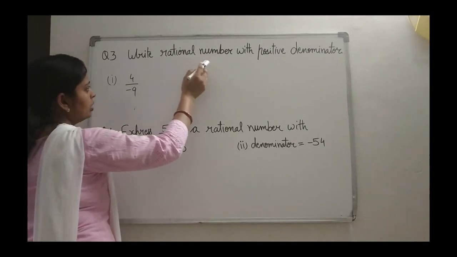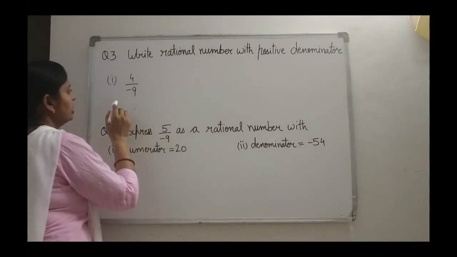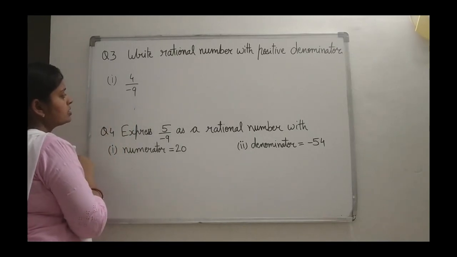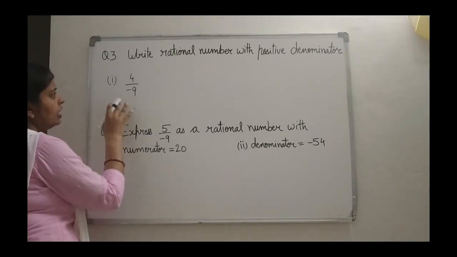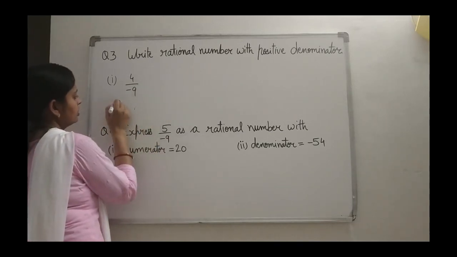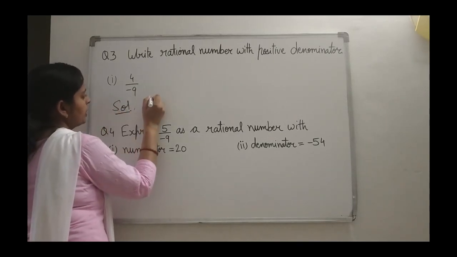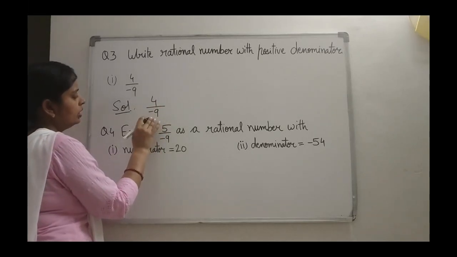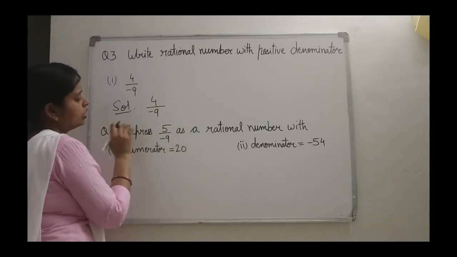Write the rational number with positive denominator. The number given is 4 upon minus 9. So we can see that the denominator has a minus sign. We have to make the denominator positive. So how can we make it? The solution: 4 upon minus 9 is there, and we have to remove the negative sign from the denominator. So how can we do it?